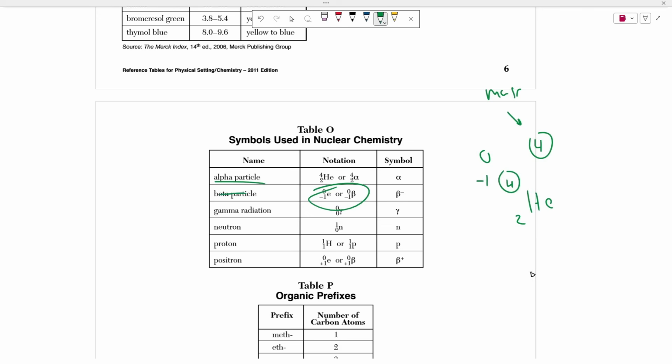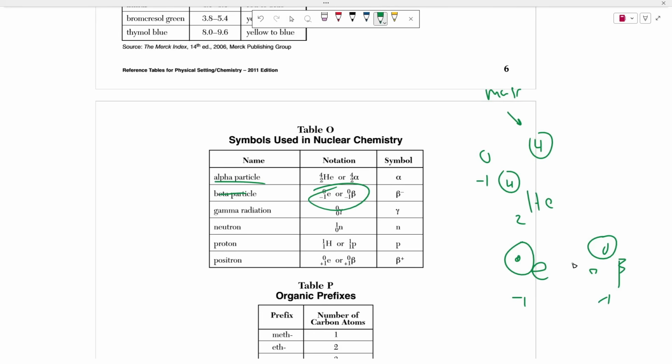This beta particle can be written as e, -1, 0, or as beta, which is where we get beta from, 0, -1. We can see here how both ways of writing this list its mass as 0, right? And because you have 0 mass, you're able to penetrate more effectively because you're able to go further with that lack of mass. Less things can stop you. Think about a very small particle moving through a net, right?